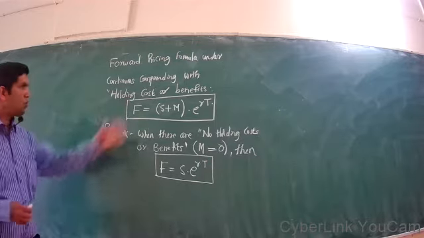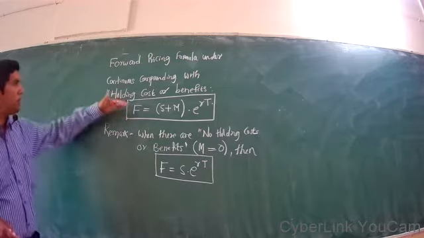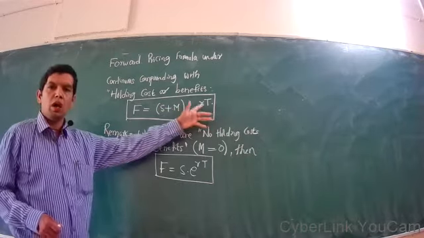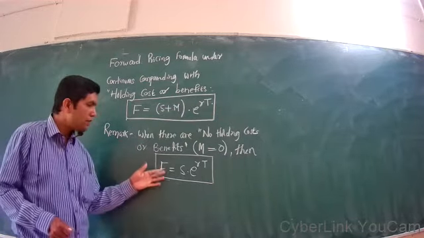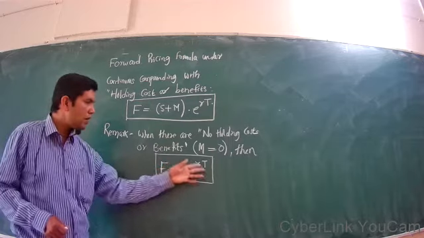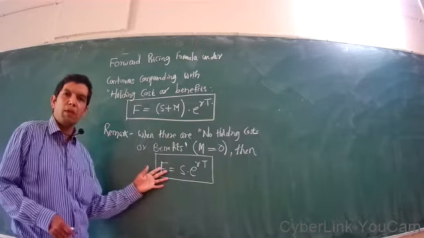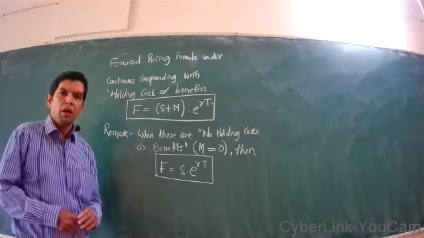Kindly take these two formulas here. One is with holding cost, that is (S plus M) into e raised to RT, and another one is F equals S into e raised to RT. Here there is no holding cost, that means M equals 0.